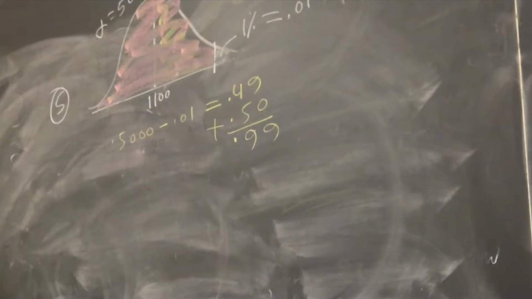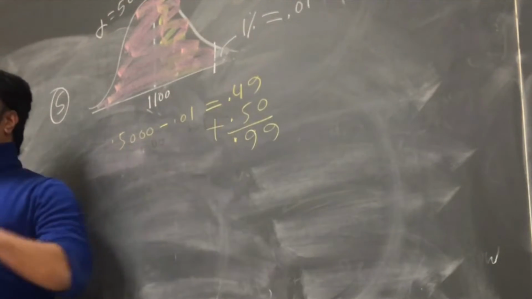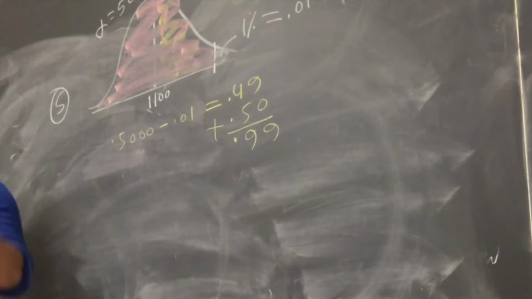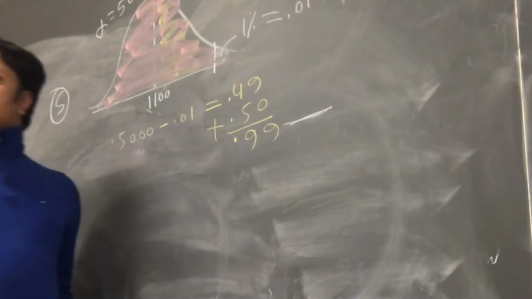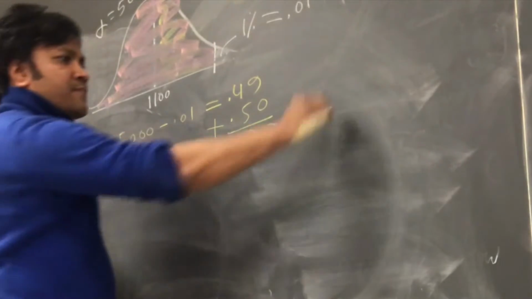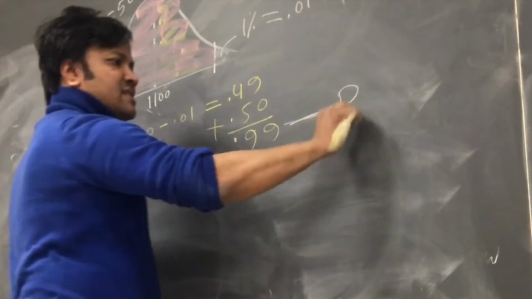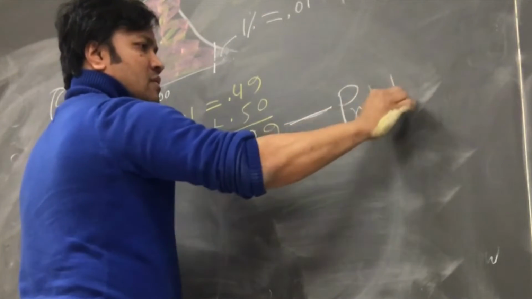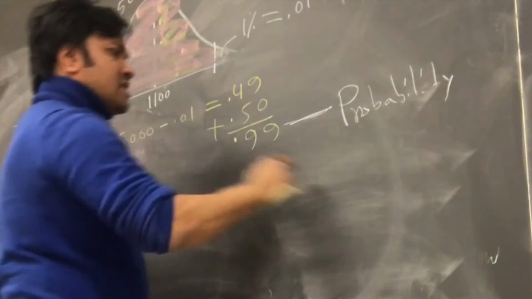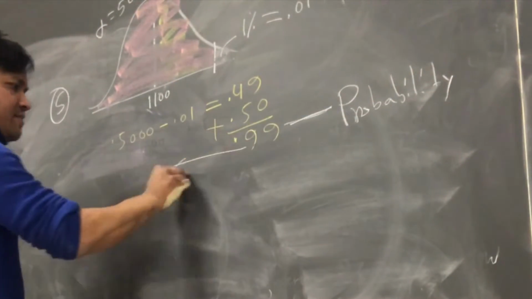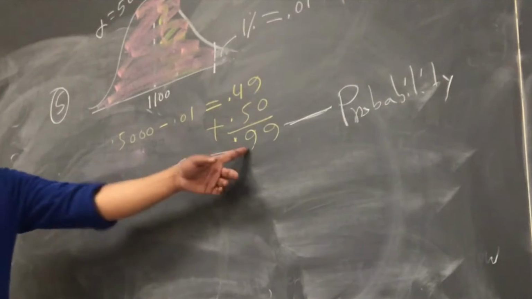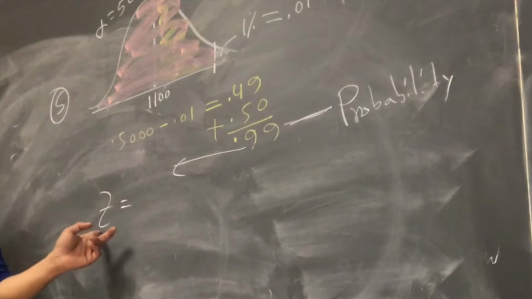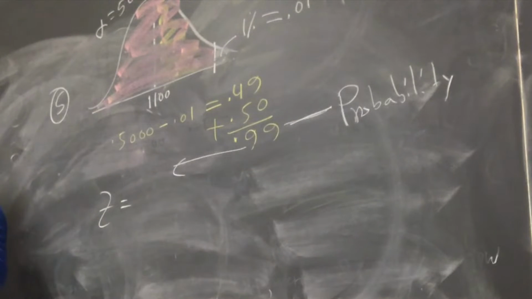Does that make sense? So now you're going to look at 0.99 inside the probability. This is not Z. Is this a Z? No. What is it? P. This is the probability. So look at the probability and give me the Z. This corresponds to a Z value if you look carefully.